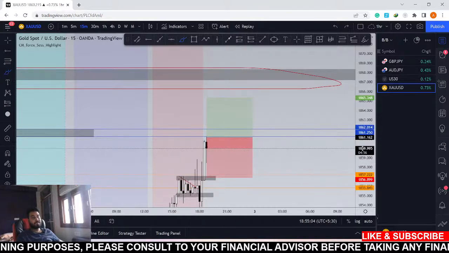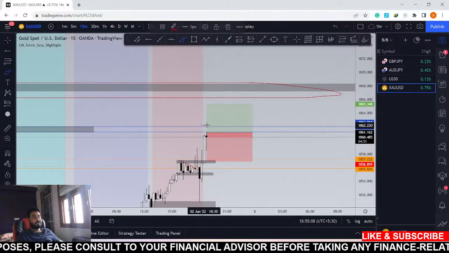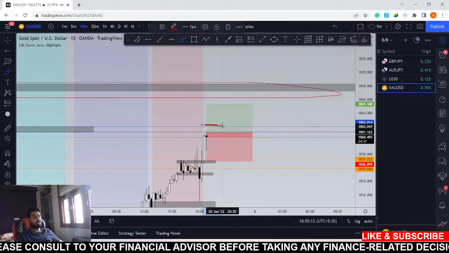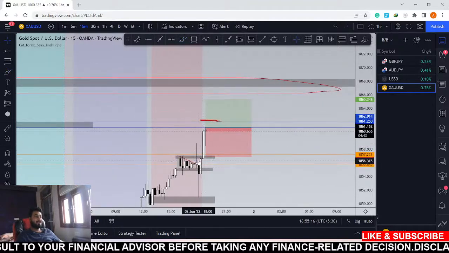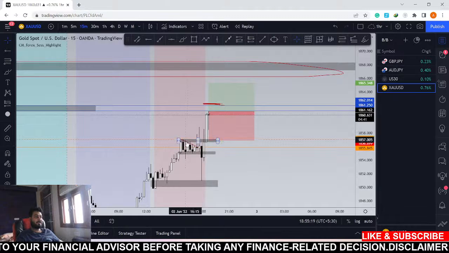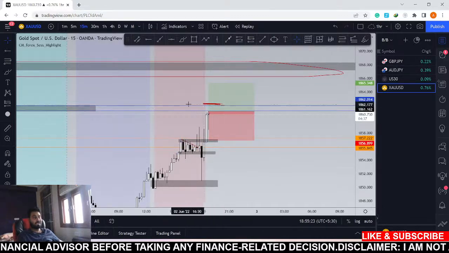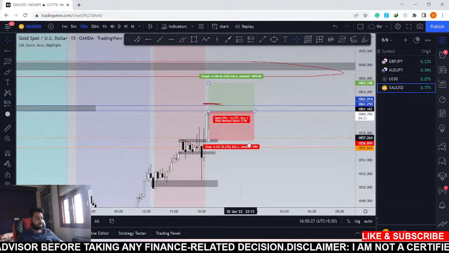Here I am anticipating that the break will happen. But if you place your entry at this area, that will be a safer entry. But it depends on person to person. For me, when I saw this break and a range below this resistance, I was willing to risk my 1% in this entry.